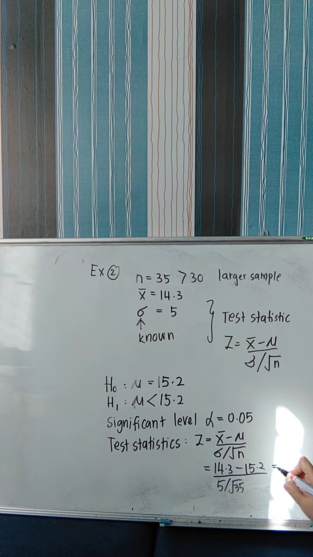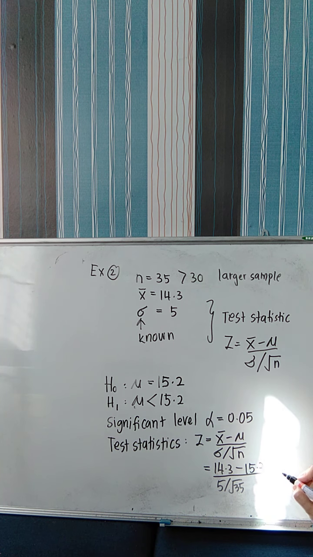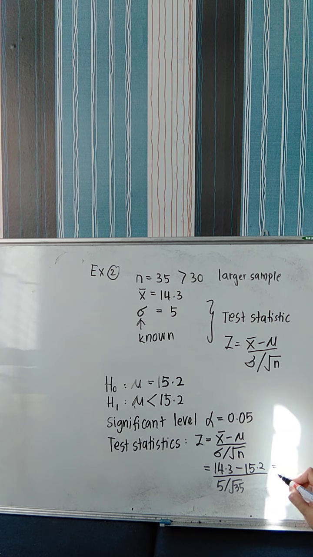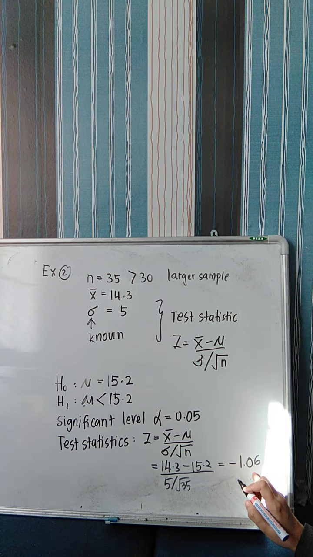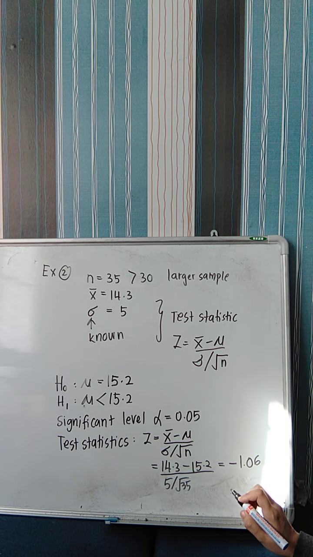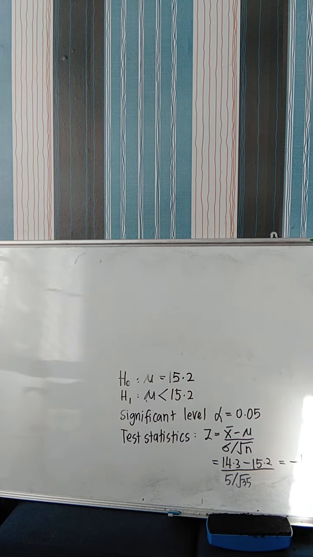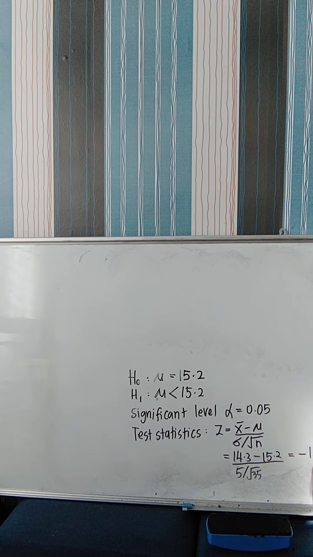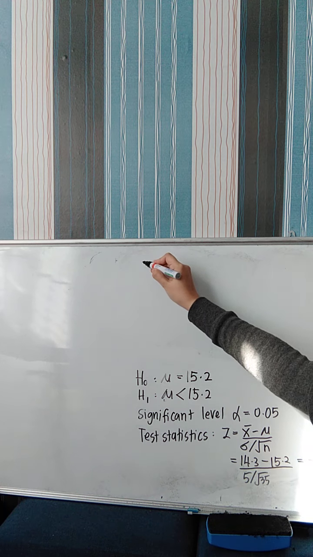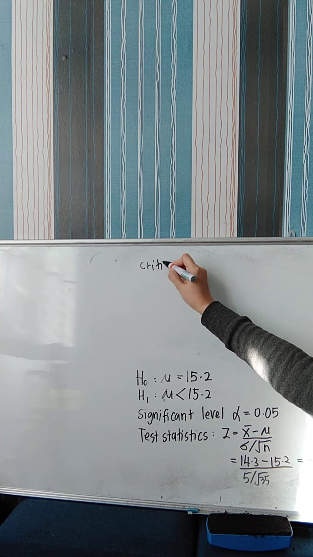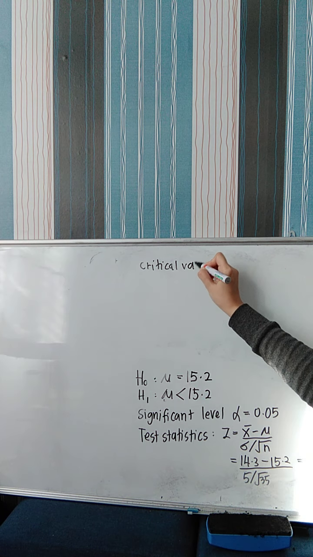So your test statistic is equal to negative 1.06. After you find the statistic, continue to the next step, find the critical value.